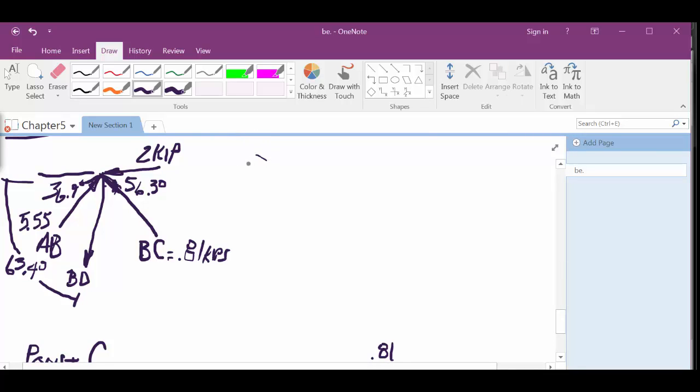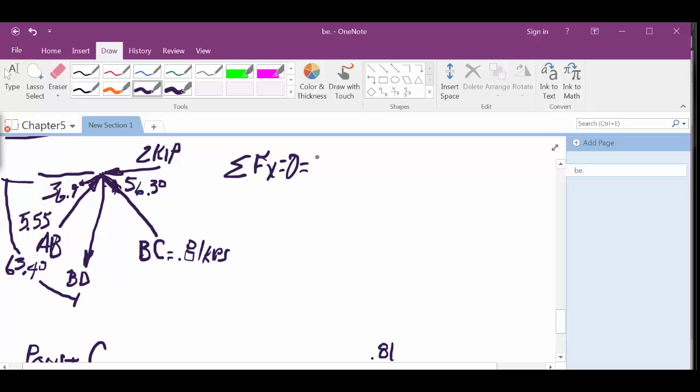So we could either do a summation of forces in the X equals 0 equals. So what I would suggest you would want to do here is try to find. I've got 4 things going on in the X, don't I? I only have 3 things going on in the Y. So I could list all these.